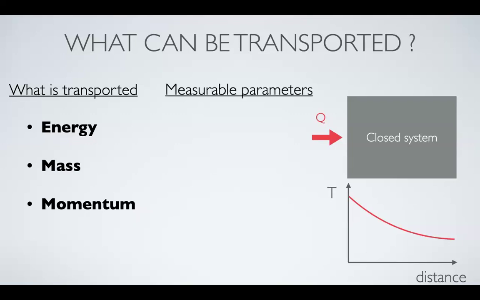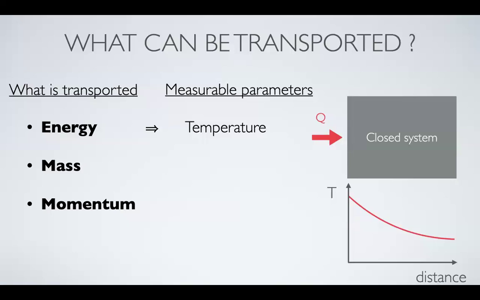So the measurable variable in terms of energy will be temperature. Because how do you measure if energy can be transported? There's no device or equipment that can measure energy. It has to be something with the temperature.